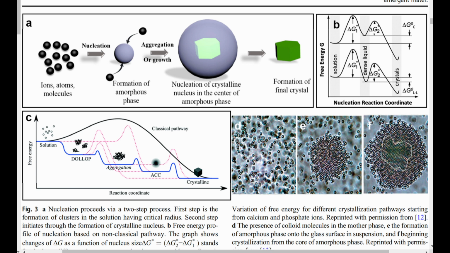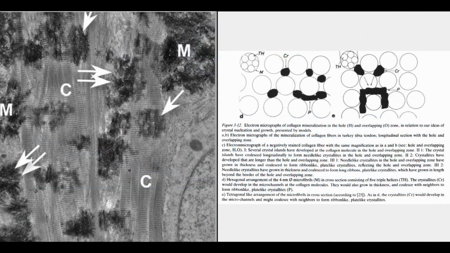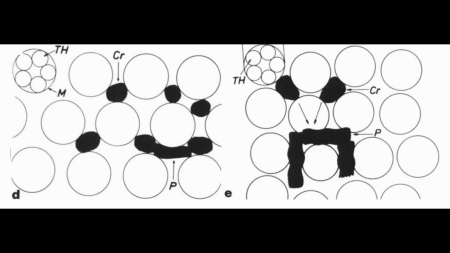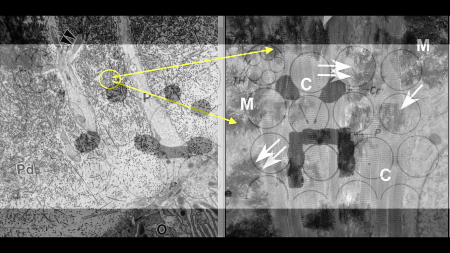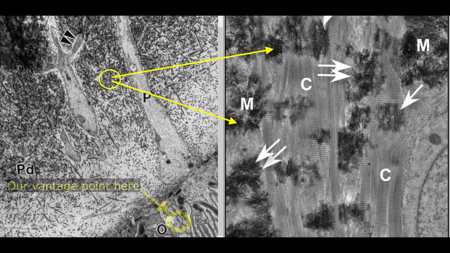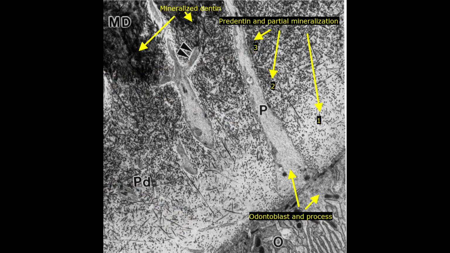The stepwise growth of hydroxyapatite crystals from supersaturated gel that surrounds the collagen fibrils is important to understand because, given our vantage point at the predentin border, we are observing all those different steps at one point in time, thus the confusing picture.